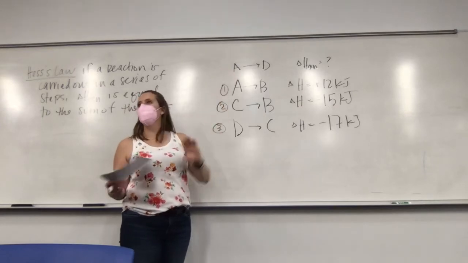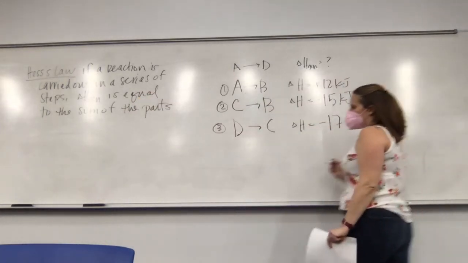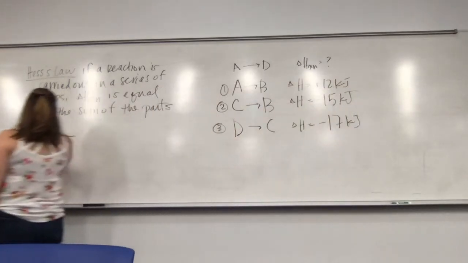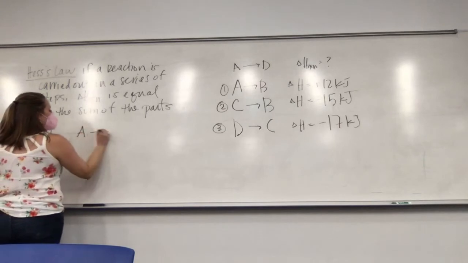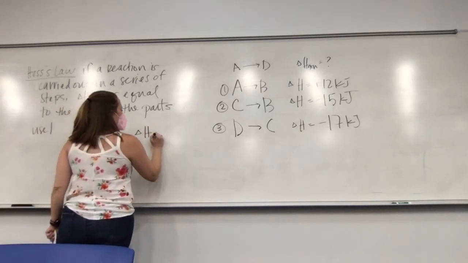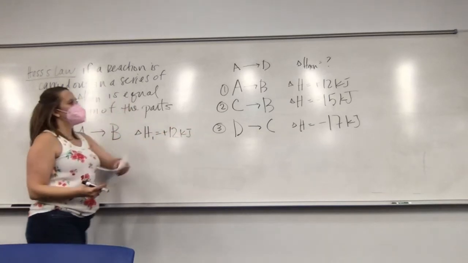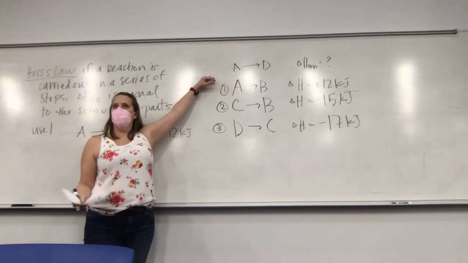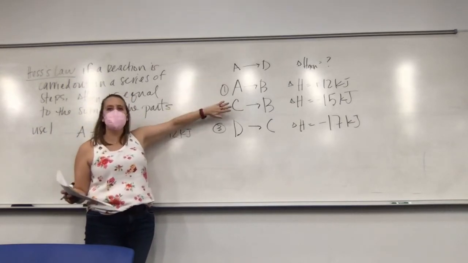We're going to use number 1 as is, which says A goes to B, delta H1 equals plus 12. So C doesn't match this at all, or B, no. Number 2 doesn't match this, so we're going to skip that.